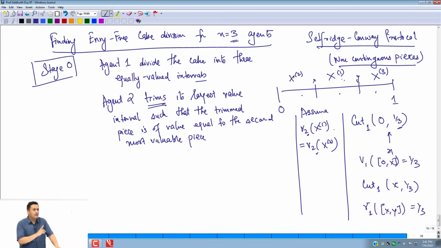Fine. Let's be a bit more specific. Which one do you give to the third agent? You're almost there. It's just one idea. Why x3?